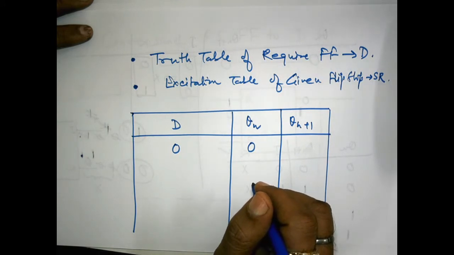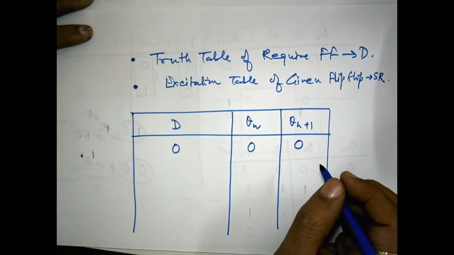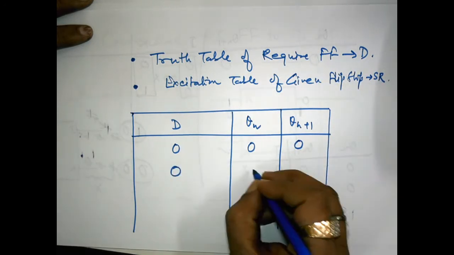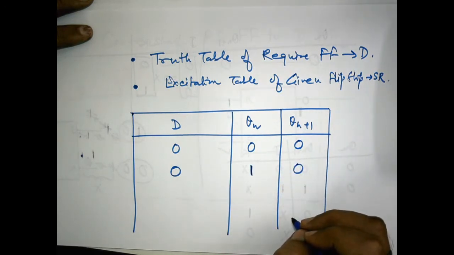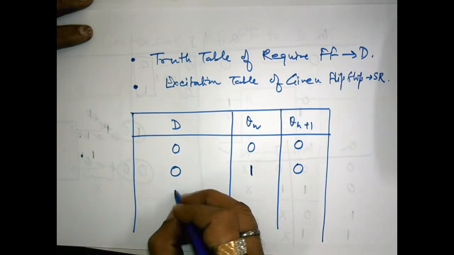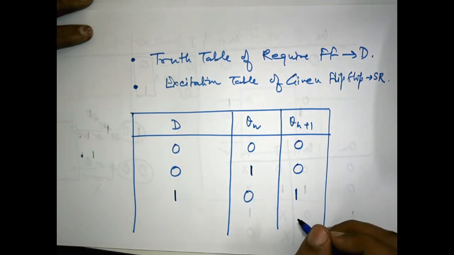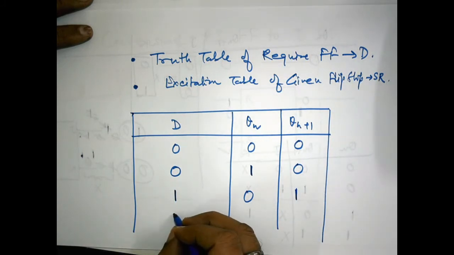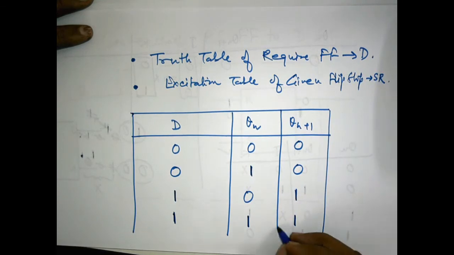If D is 0 and Qn is 0, definitely Qn plus 1 will be 0. If D is 0 and Qn is 1, it will become 0. If D is 1 and Qn is 0, it will become 1. Okay, and if D is 1 and Qn is 1, it will remain 1.